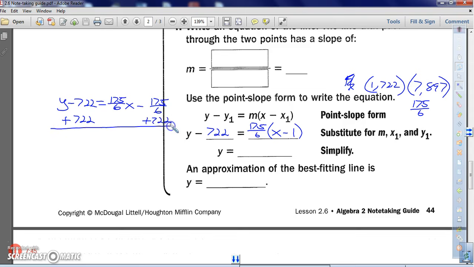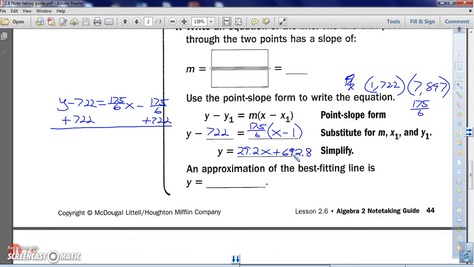Now here's where you might want to go to your calculator to do this, and change it to decimals maybe. So 175 over 6 is approximately 29.2. So we're going to say y is approximately 29.2 times x, and when I add 722 to that, that's about 692.8.